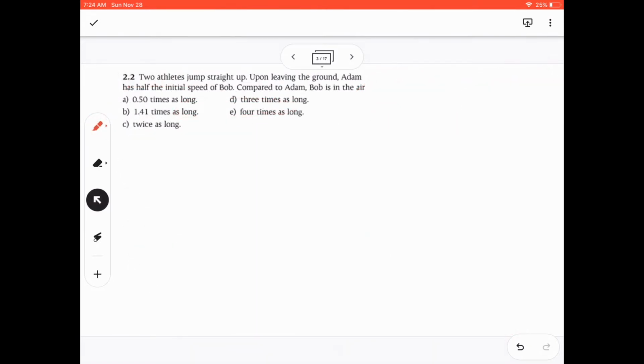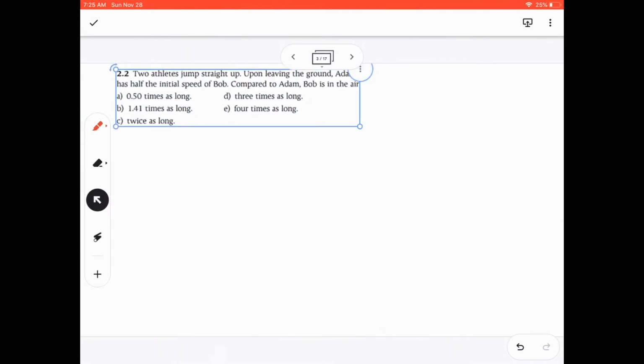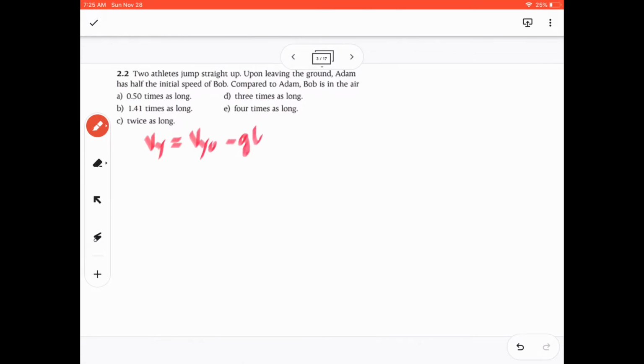Question number 2, same question as the first one, but now we are looking for the time of each of Bob and Adam's jump. How do we know that we're looking for time? If you look at your choices, it's time. So in this problem, we're going to use the formula Vy is equal to initial velocity along the y-axis minus gt.